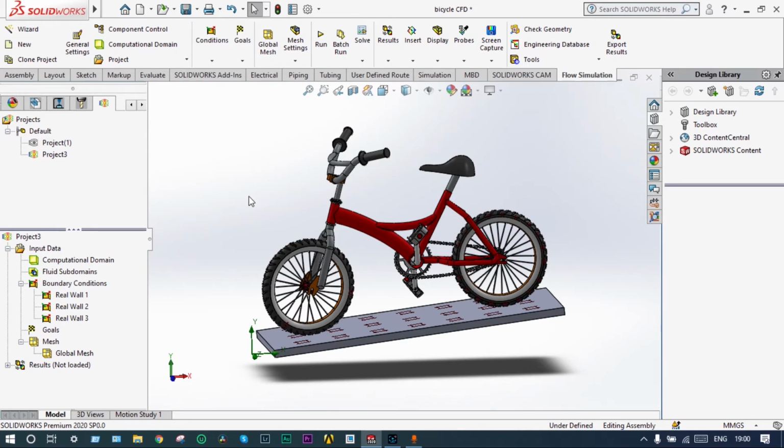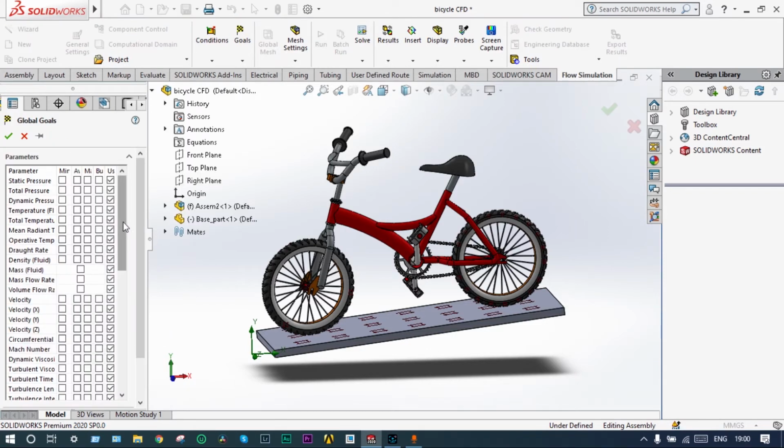Now is to select some goals. Insert global goals. We have to see pressure, velocity, the normal force, shear force, etc. Right? First of all, see total average pressure, average velocity.